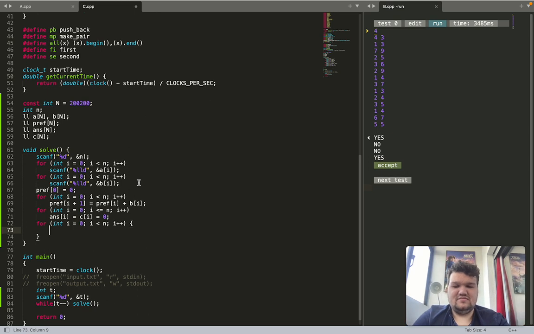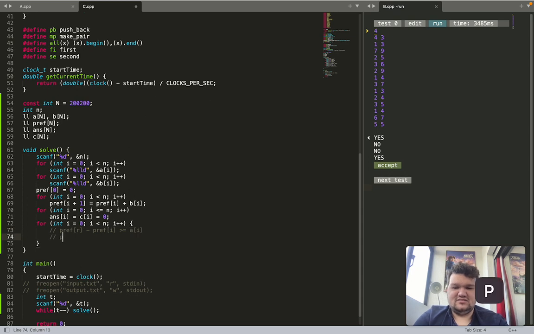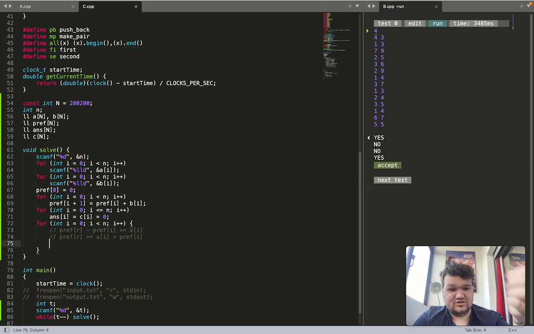That would mean that the prefix sum before this person minus the prefix sum in I is at least AI. We can rewrite it as the prefix sum in R is at least AI plus the prefix sum in I. And we want to find the first such place, so this is done with lower bound.